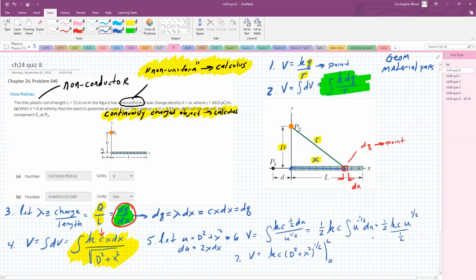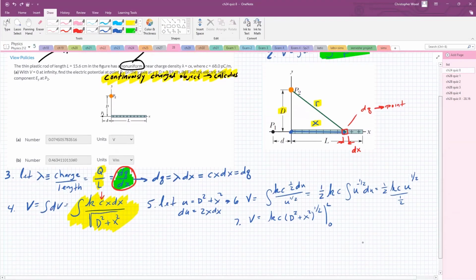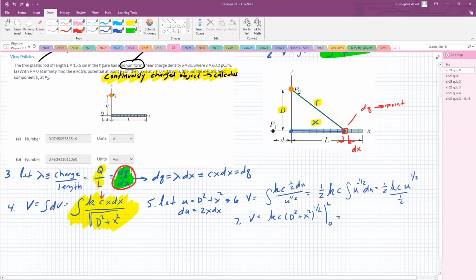I suppose that's correct. I'm going to stick with this a bit longer. It equals KC times the quantity d squared plus L squared to the 1/2, minus, if x is 0, d squared to the 1/2, which is d.